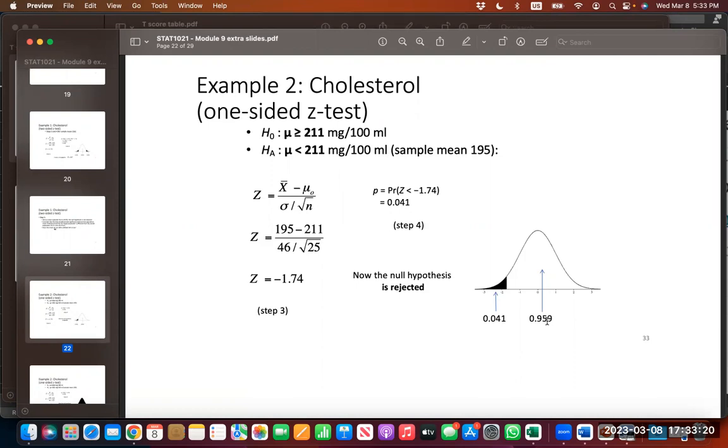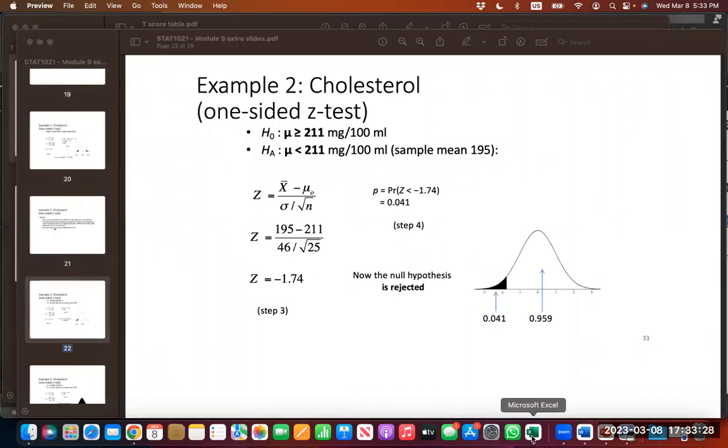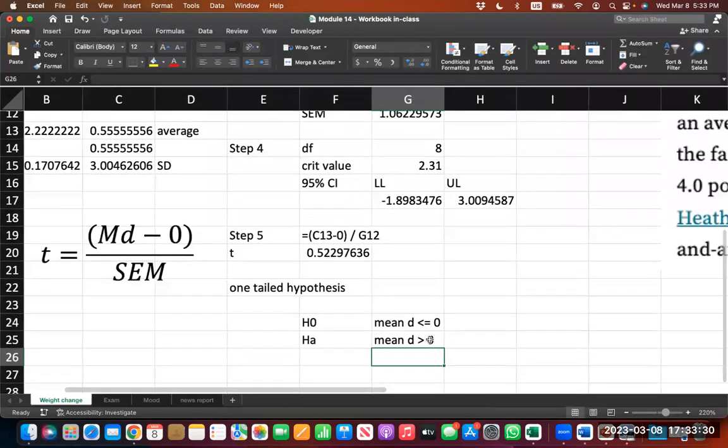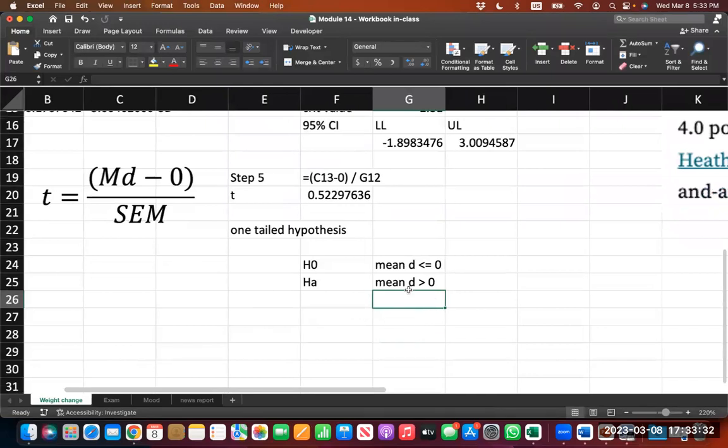That would be 0 in our case. Then you're interested in everything below. So in our example here, we are basically interested in everything greater than 0, or everything greater than the calculated t. So we're basically interested in everything above.